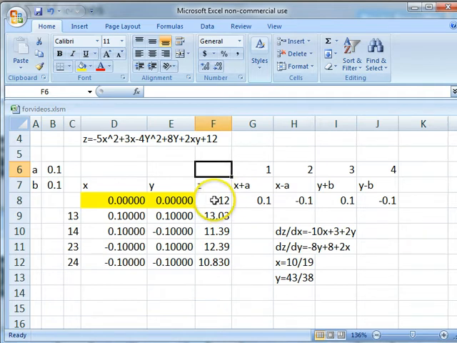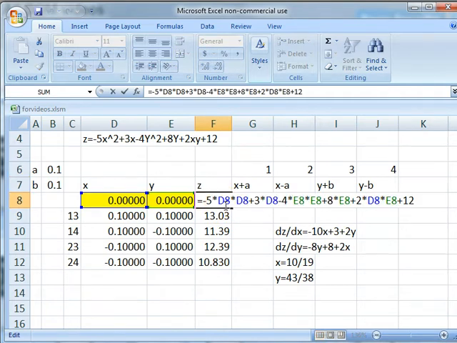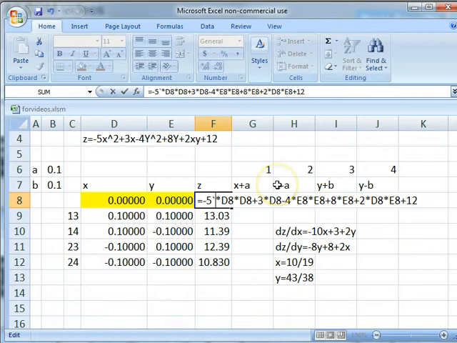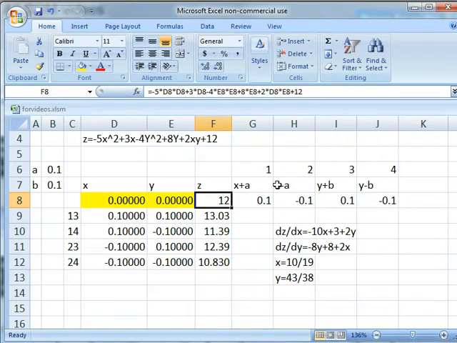And then this is the evaluation of the equation. All I'm doing is, as you can see, multiplying x squared times -5 and so on. Naturally, at 0, 0, the value of that expression is 12, because that's just the coefficient that we have there.